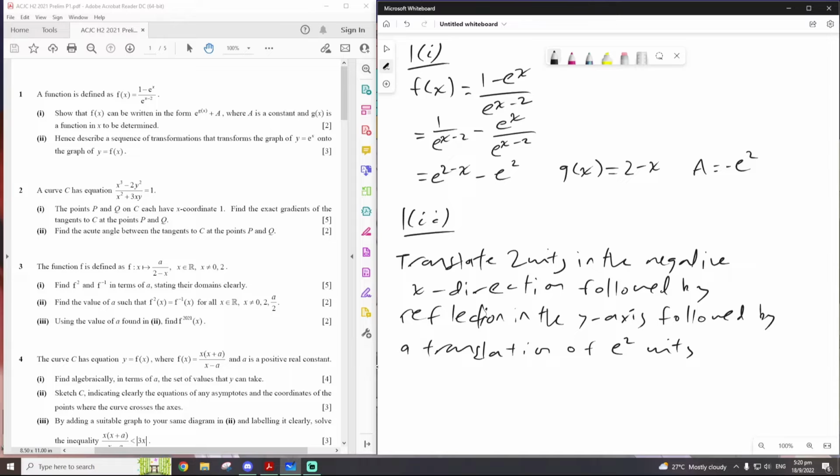Now this is minus, so this goes in the negative y direction. Of course, there are many possible answers for this. As long as you know what you're doing, you should be able to get a correct answer. Alright? So that's question 1.